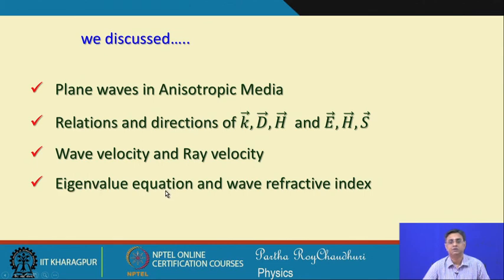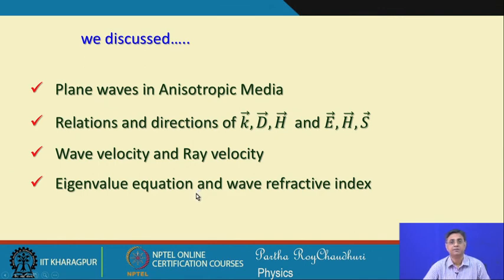which is also the characteristic equation for the anisotropic medium, and from there we have learned how to solve this equation to extract the two different refractive indices that are associated with a given direction of propagation of the electromagnetic waves.